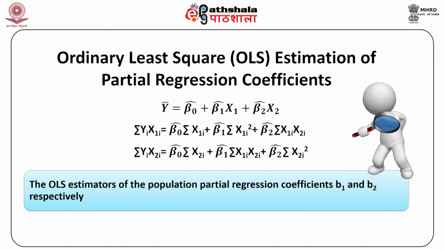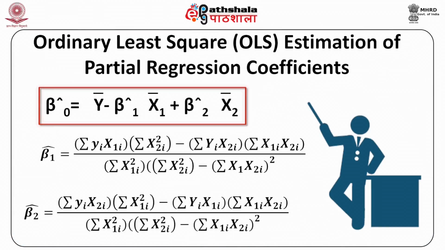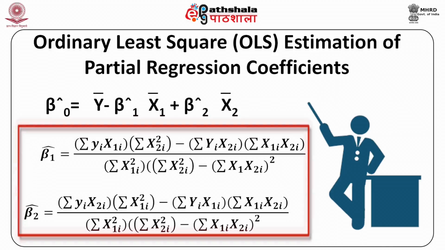From these equations, we get the OLS estimators of the population partial regression coefficients beta 1 and beta 2 respectively. Beta hat 0 is equal to y bar minus beta hat 1 into x bar 1 minus beta hat 2 into x bar 2. Beta hat 1 is equal to summation yi x1i into summation x squared 2i minus summation yi x2i into summation x1i x2i, all over summation x squared 1i into summation x squared 2i minus summation x1i x2i the whole squared.